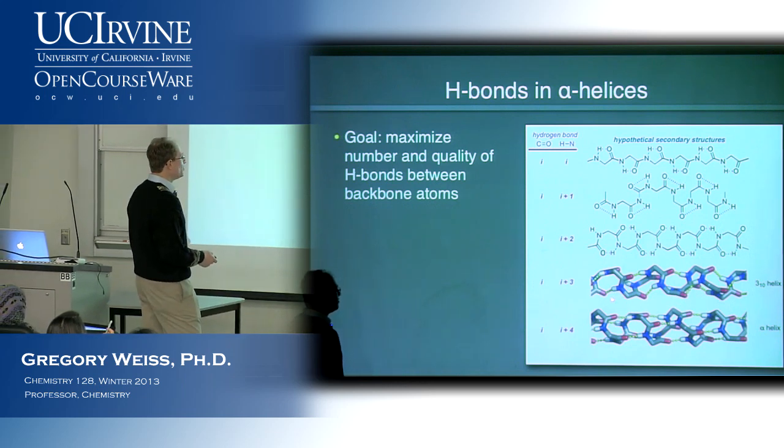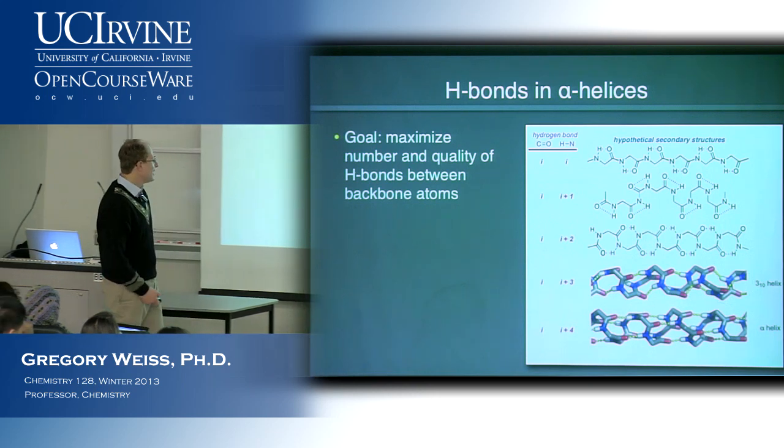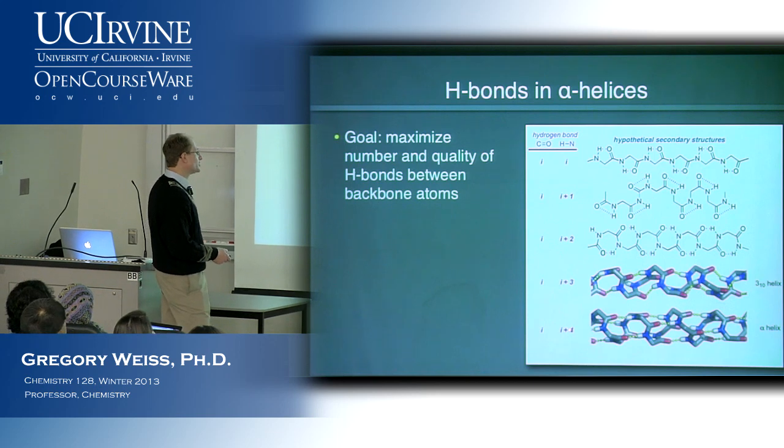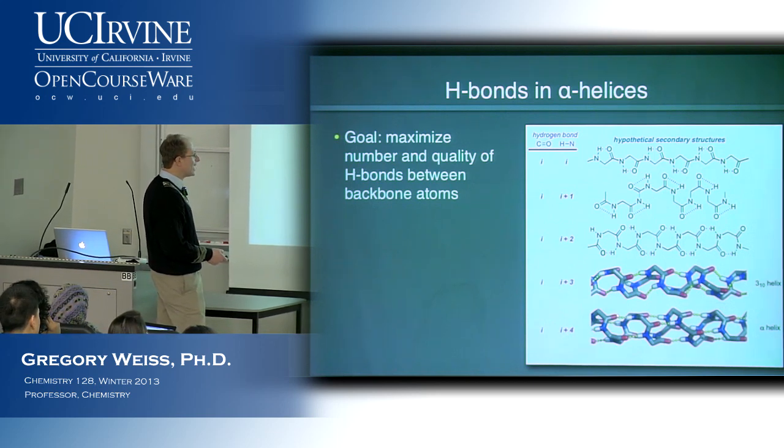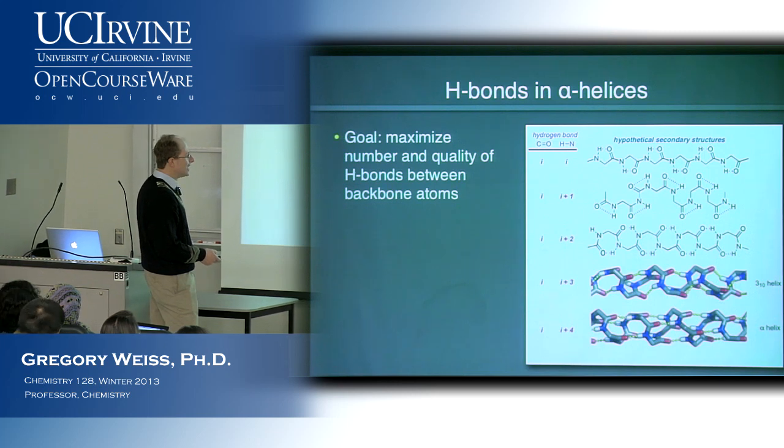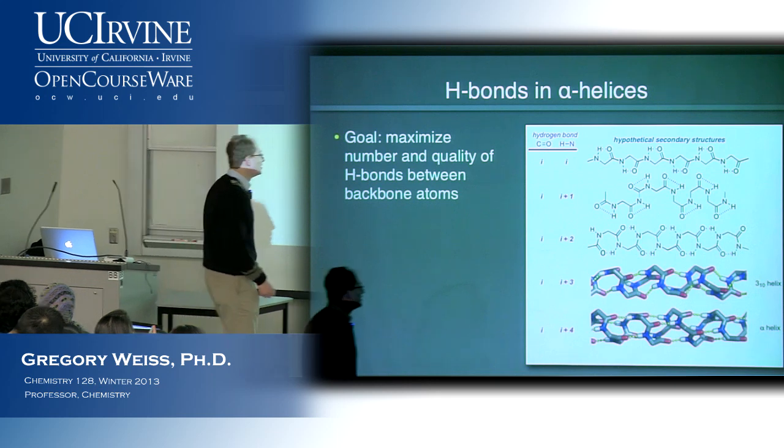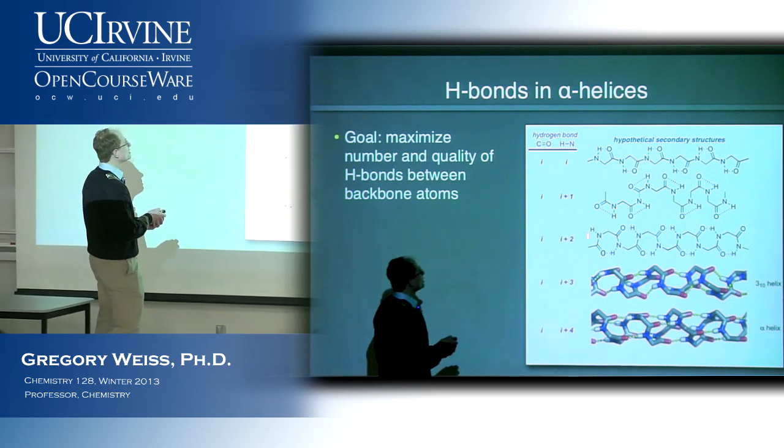In addition, the hydrogen bonding preferences can force the backbone of the protein into a curvy helix that looks like this. If the helix has a pitch such that the I residue is interacting with the fourth residue down away from it. Okay, so if we count, actually let's start at the top.